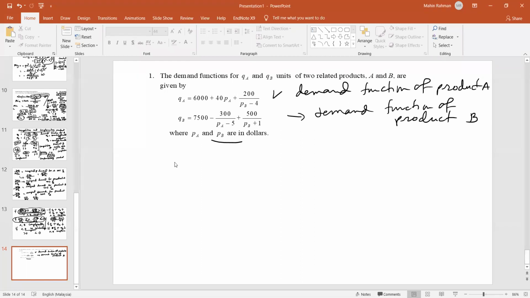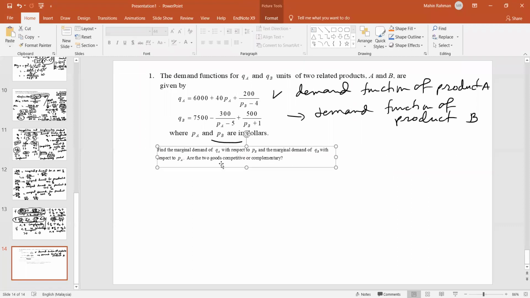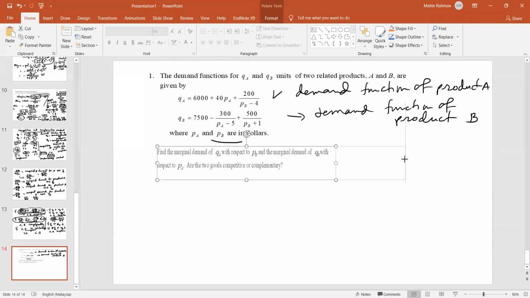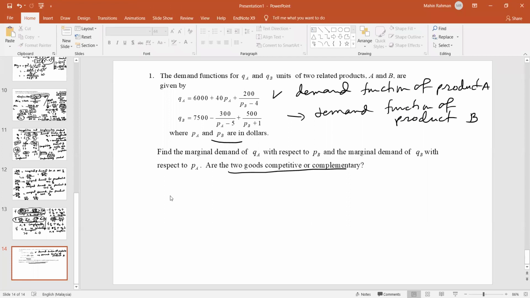The question is: find the marginal demand of product A with respect to price of product B, and the marginal demand of product B with respect to price of product A. Then after you find them, you have to determine whether the two products are competitive or complementary.